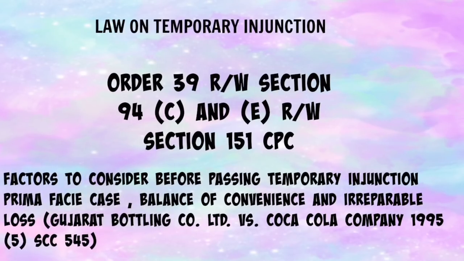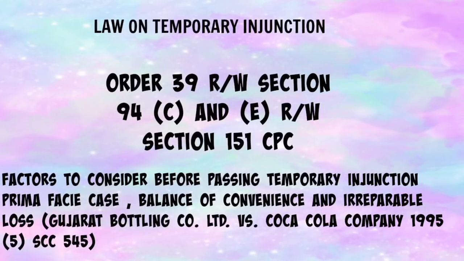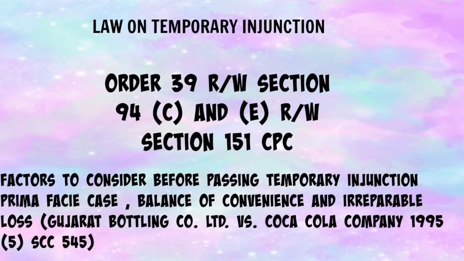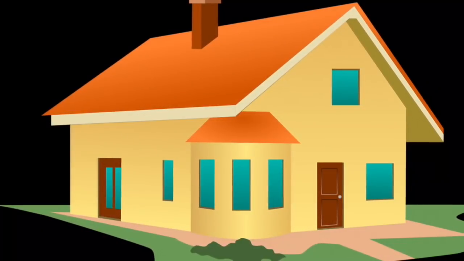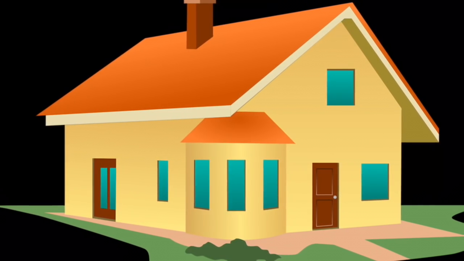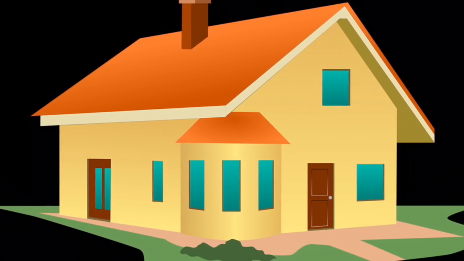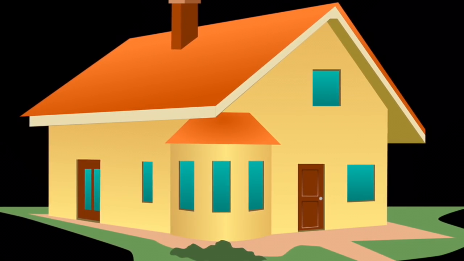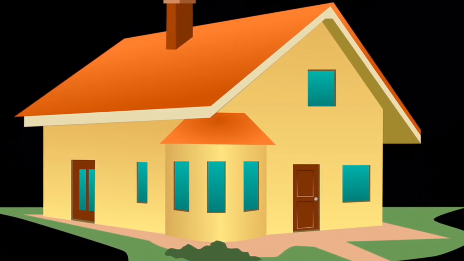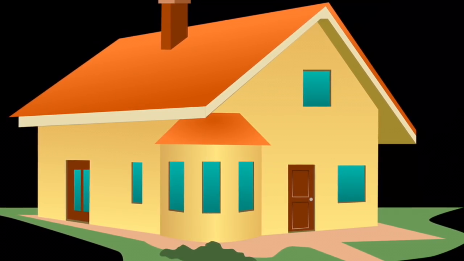We'll make a separate video on the substantive provision of law, but if you have a basic idea, you understand that temporary injunction basically serves the purpose of passing a temporary order while the suit is going on, restraining the defendant from doing something, for example, in this case, from selling the property. So it would injunct the defendant from selling the property.